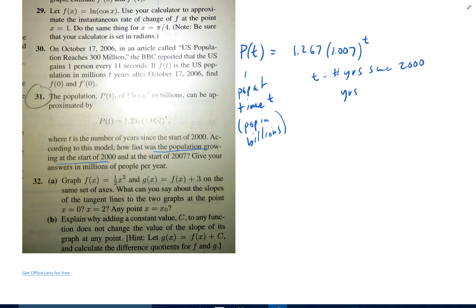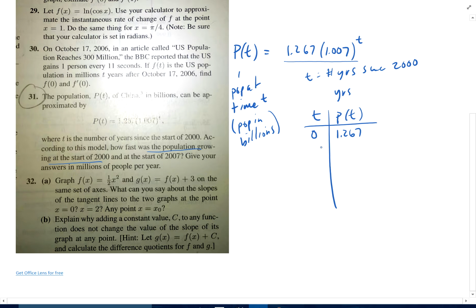Okay, there's a couple ways to think of this at this point. We can find it exactly, or we will be able to find it exactly in a few weeks. But right now we can either estimate it at 2000, or we can look at this and realize this is an exponential function. So I've got T, P of T. When T is 0, it's 1.267 billion. After 1 year, it's 1.267 times 1.007.